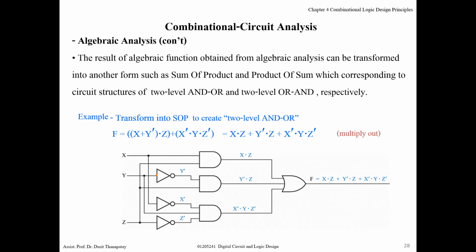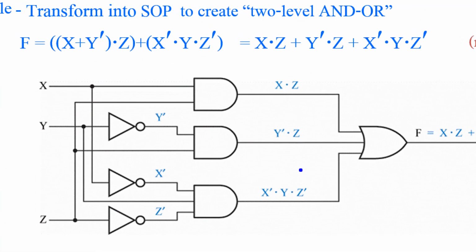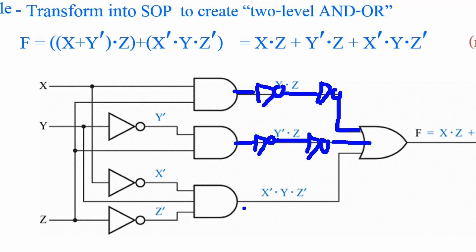Now let's consider what happens if I add two inverters at the same line. The result still is the same, right? It does not affect the final result. So I can add a pair of inverters while maintaining the result of the function.